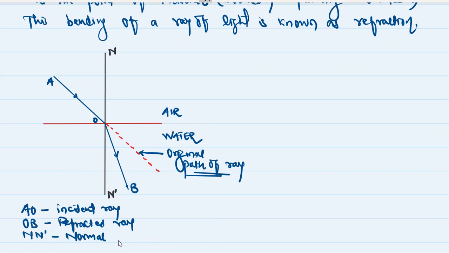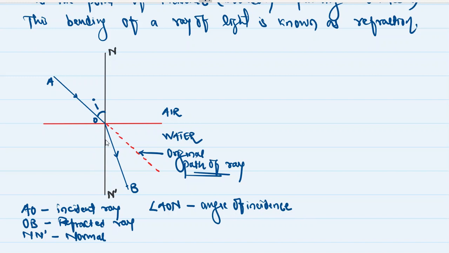Okay, what is angle AON equal to? Do you see angle AON? This is I. I is the angle of incidence.